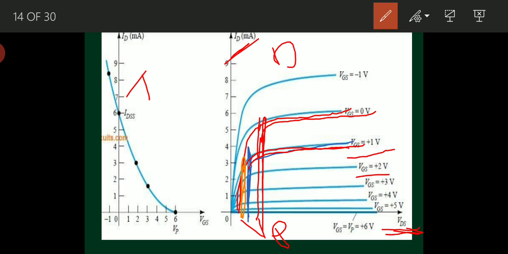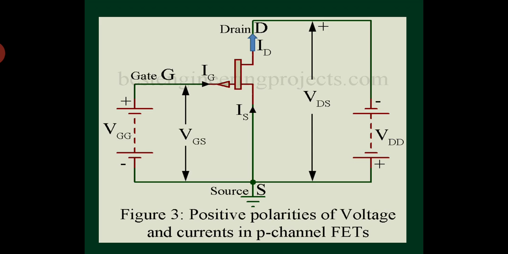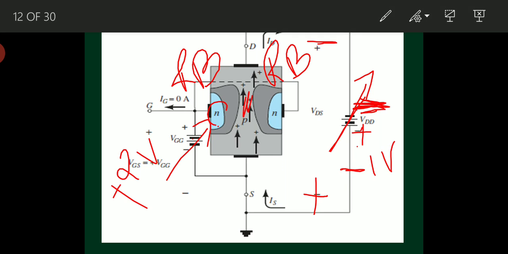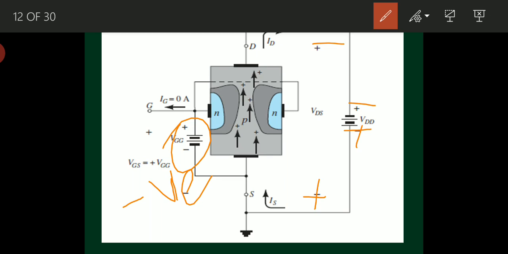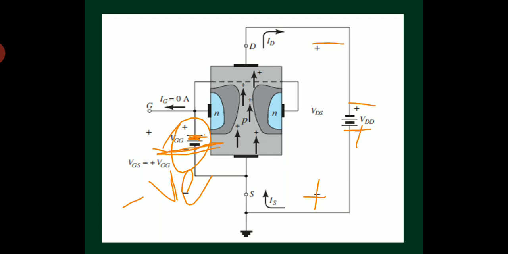Now the third case. If I decrease this VGG, if I apply some negative voltage here, what will happen? This will become negative, and this terminal becomes positive.